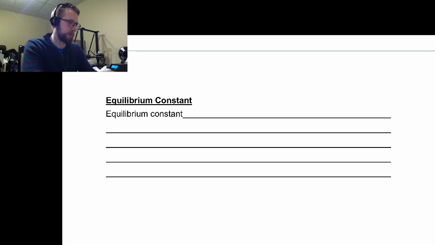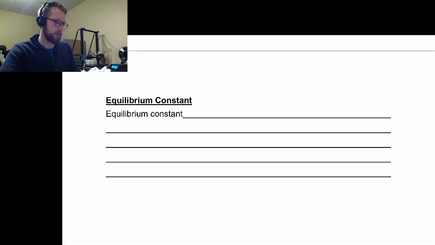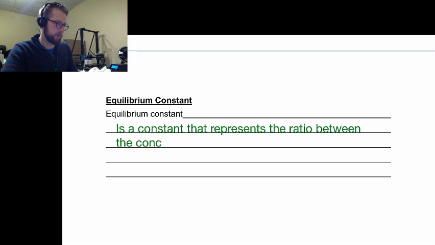So the equilibrium constant, we've already discussed this one. The equilibrium constant is a constant that represents the ratio between the concentration of reactants and products at equilibrium.